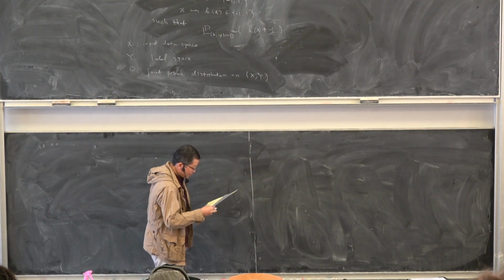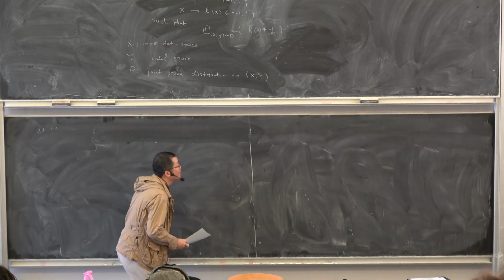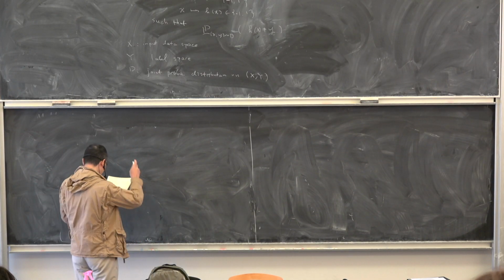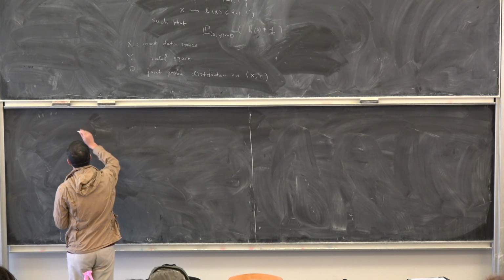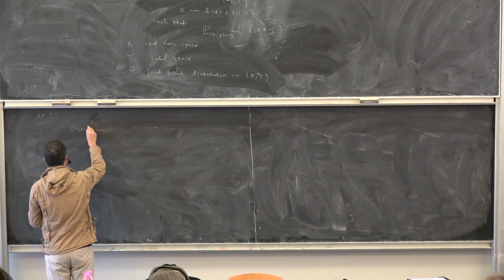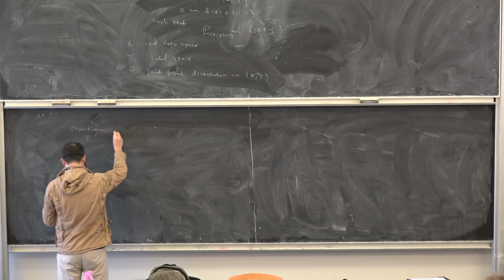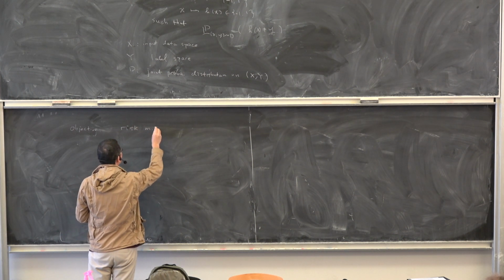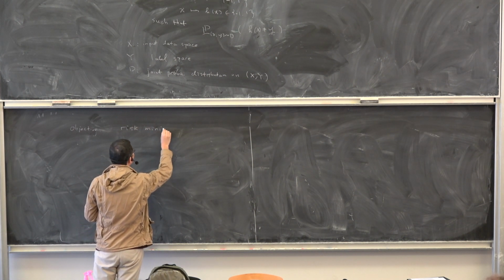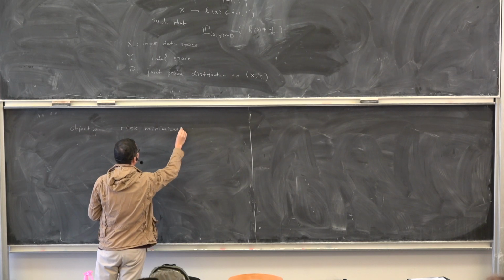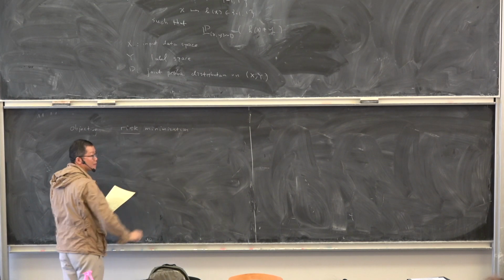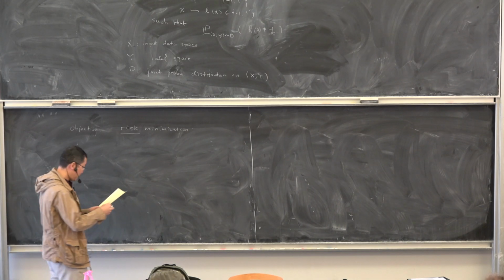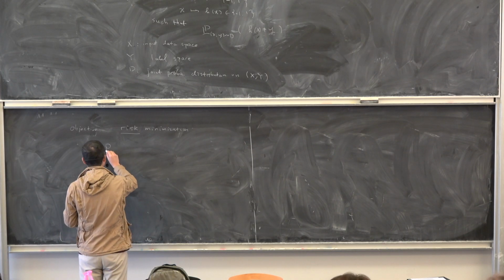So what we want to do. So what is interesting here? What is the objective? There is a concept called risk minimization. You could think of that as error minimization. So you define an error.